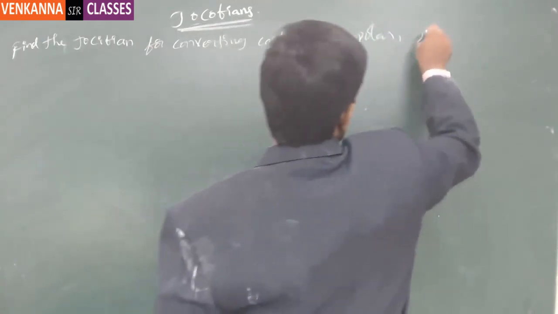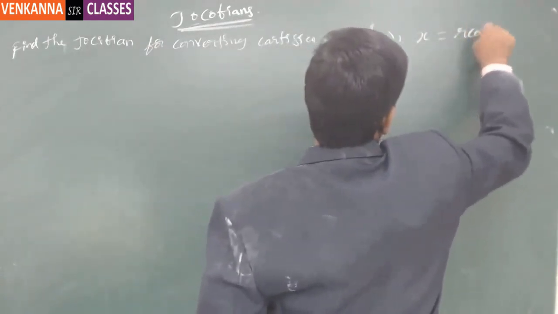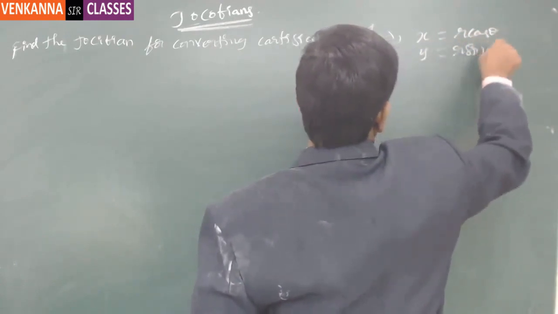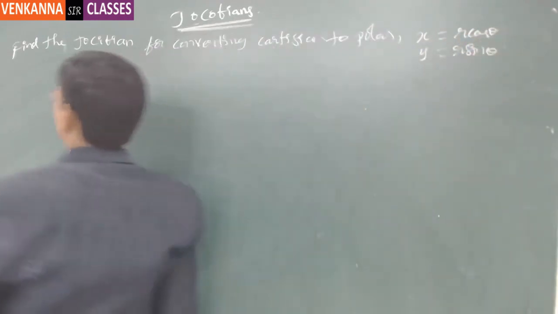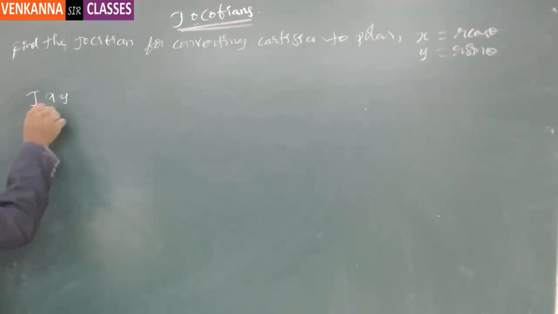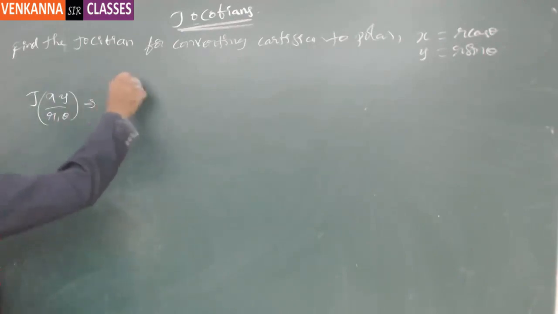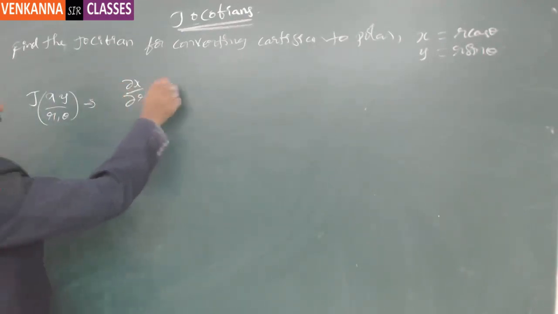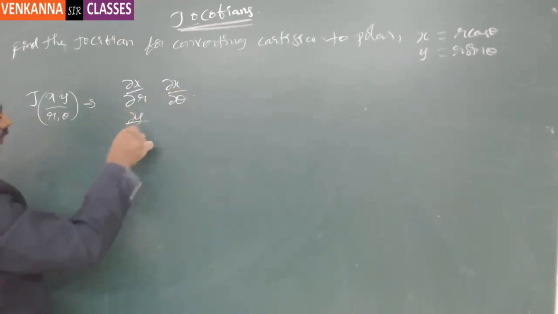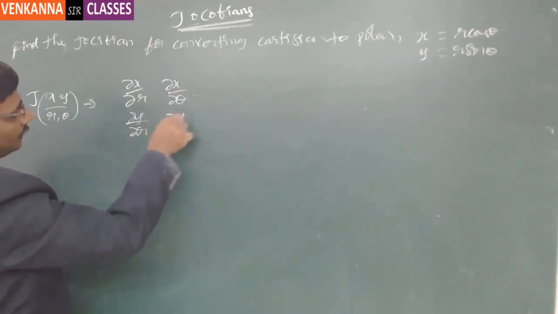That is, x equals r cos theta and y equals r sin theta. So the Jacobian J of x comma y with respect to r comma theta is the determinant of dou x by dou r, dou x by dou theta, dou y by dou r, dou y by dou theta.